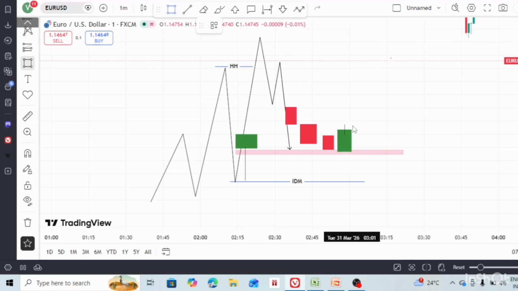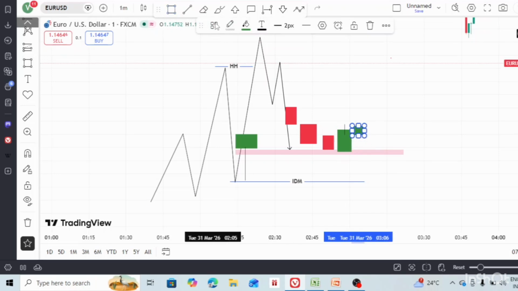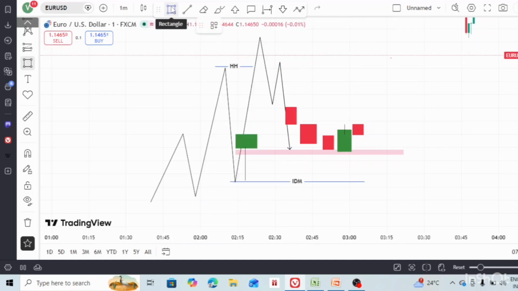So it will come down like this. If we look here, this is the liquidity level, and the liquidity is not being swept yet. There should be the gap here.